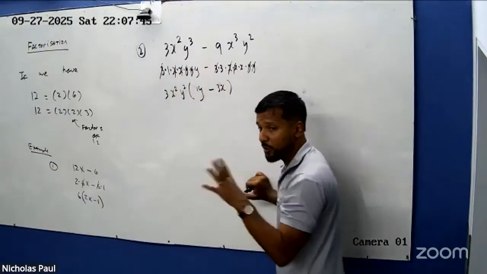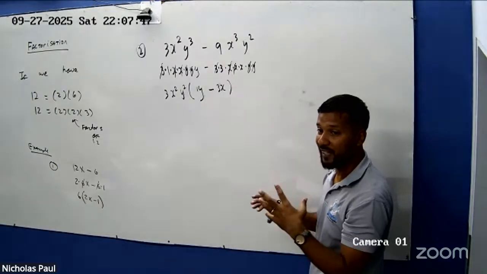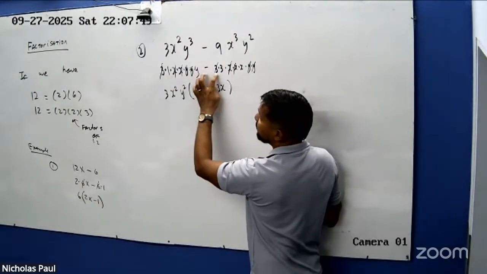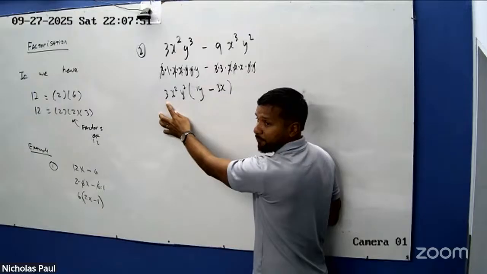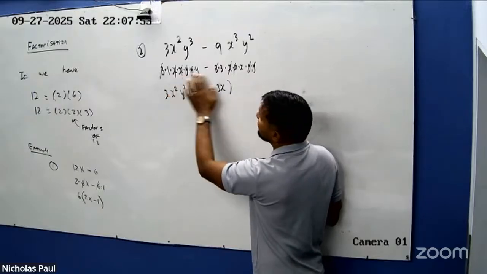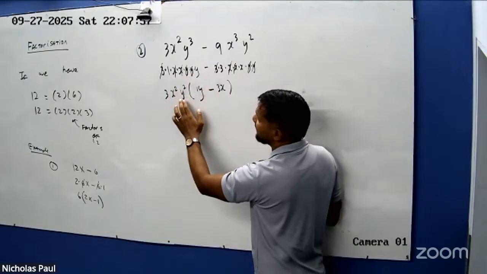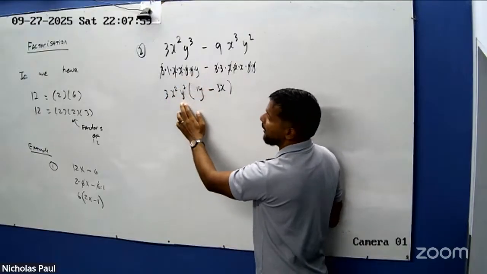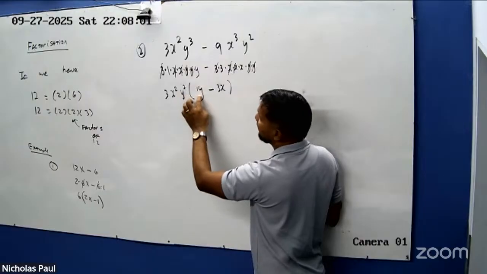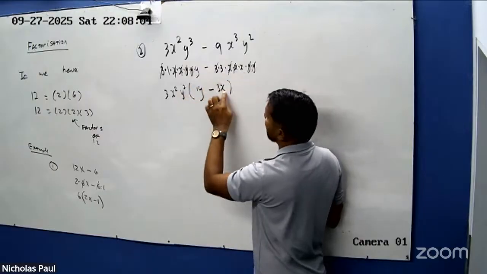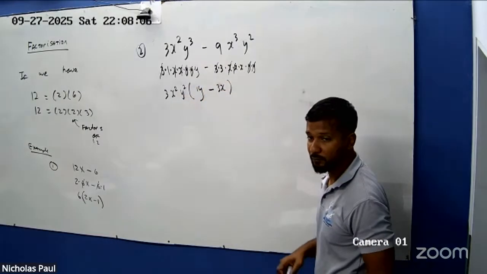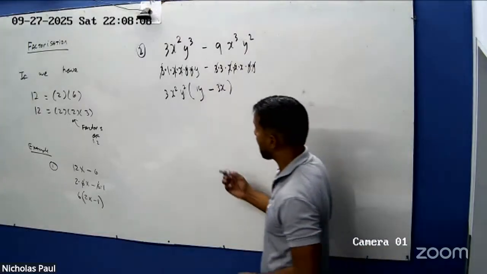So now you should be able to see that they both have things in common. They both have 3, so I write it here. They both have 2 x's, so I write it here. They both have 2 y's, so I write it here. What I'm left with is y minus 3x. Okay? Copy it down. Try this one here for me.